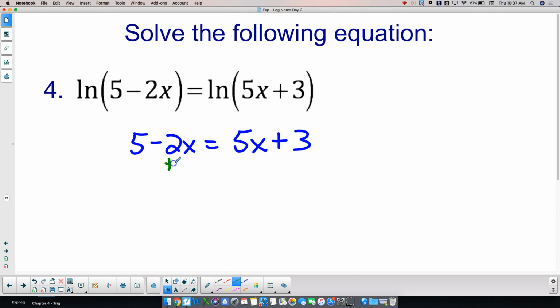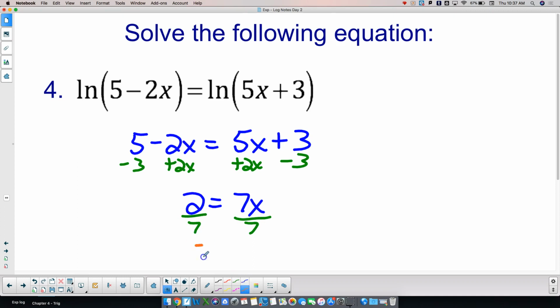I would add 2x to both sides and subtract 3 from both sides. That gives me 2 equals 7x. Divide both sides by 7. That gives me 2/7 equals x.